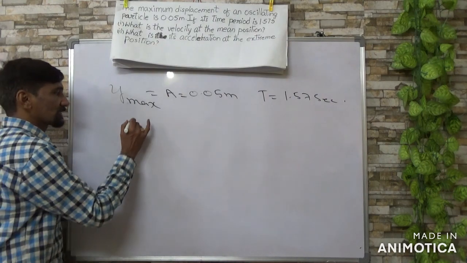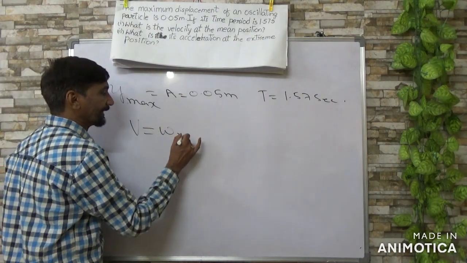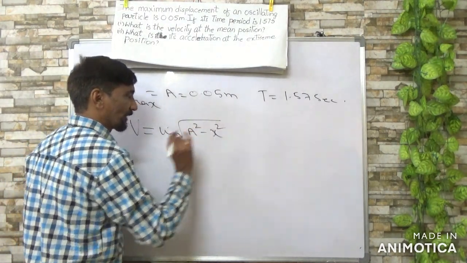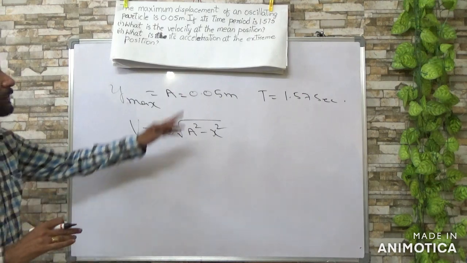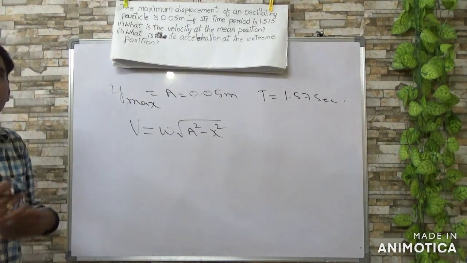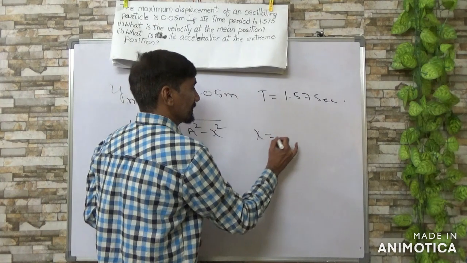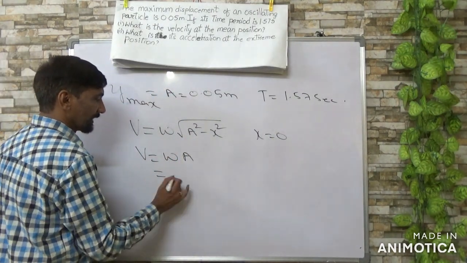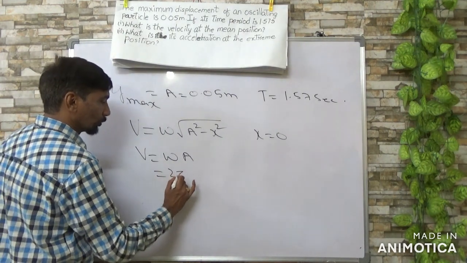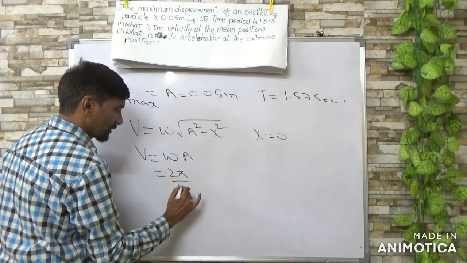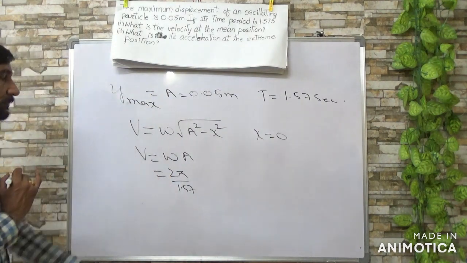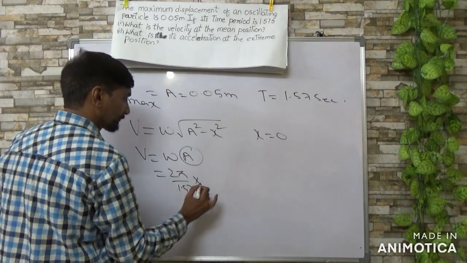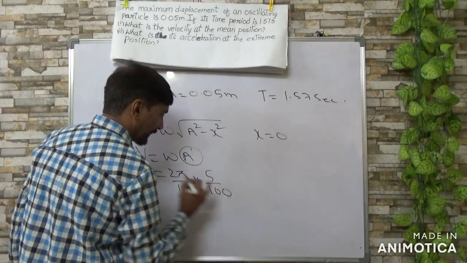So velocity at any point is omega into root over a square minus x square, but you want it at the mean position. Mean means starting, so x is taken as 0, that means you get v equal to omega a. Omega can be taken as 2 pi by T, that is 1.57, into amplitude, that is 5 by 100.